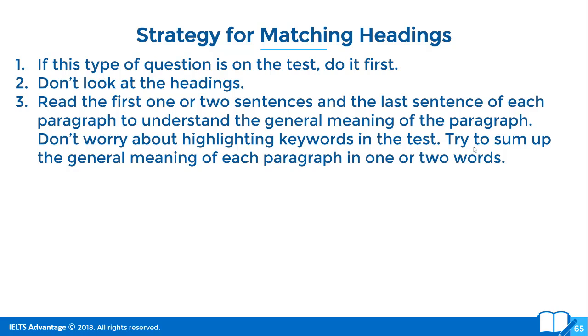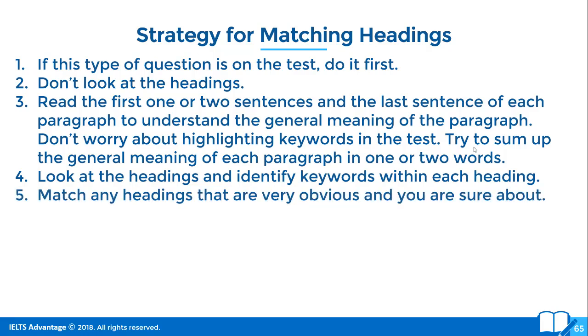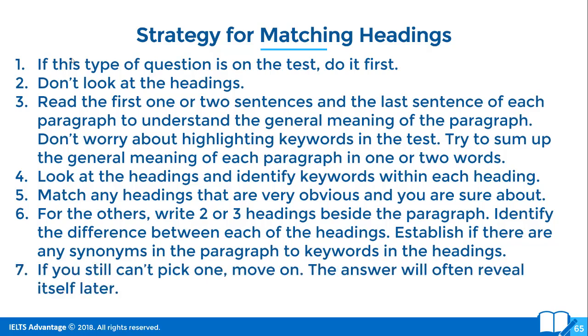And I'm going to do this for you, so it'll make more sense when I show this to you. Look at the headings and identify keywords within each heading. Match any headings that are very obvious and you're sure about. For the others, write 2 or 3 headings beside the paragraph, identify the difference between each of the headings, establish if there are any synonyms, if you still can't pick one, move on.